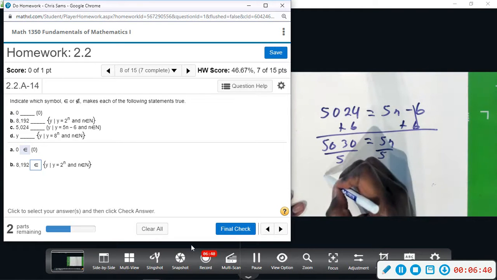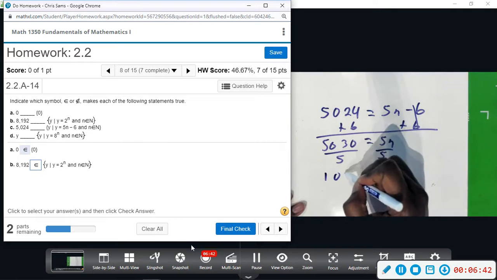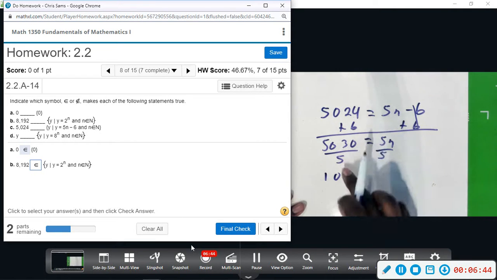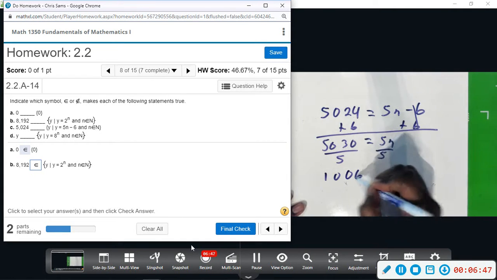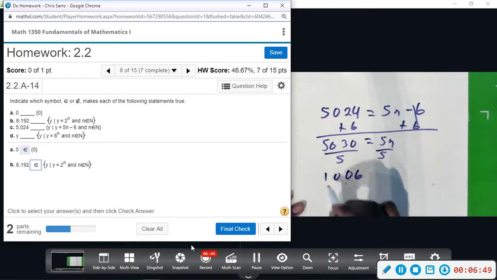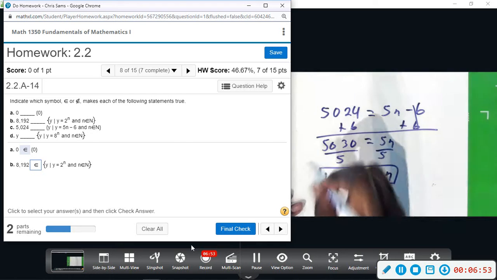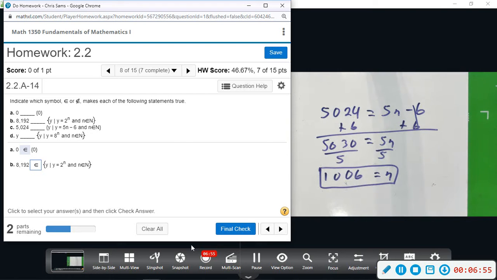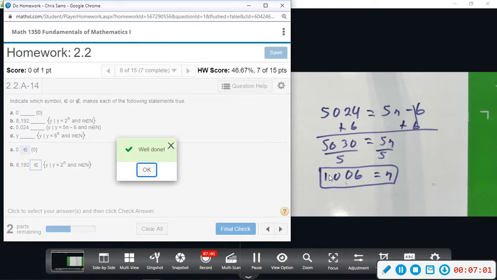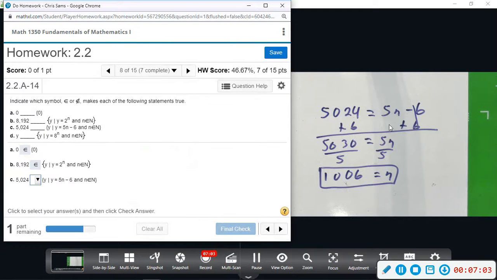And dividing by 5, we get 1,006. Okay, 30 divided by 5 is 6. So we will still get the same answer. You can work it out. So you got a couple methods. You can use the technology, or you can use the formula, the equation. So this one also is an element of.